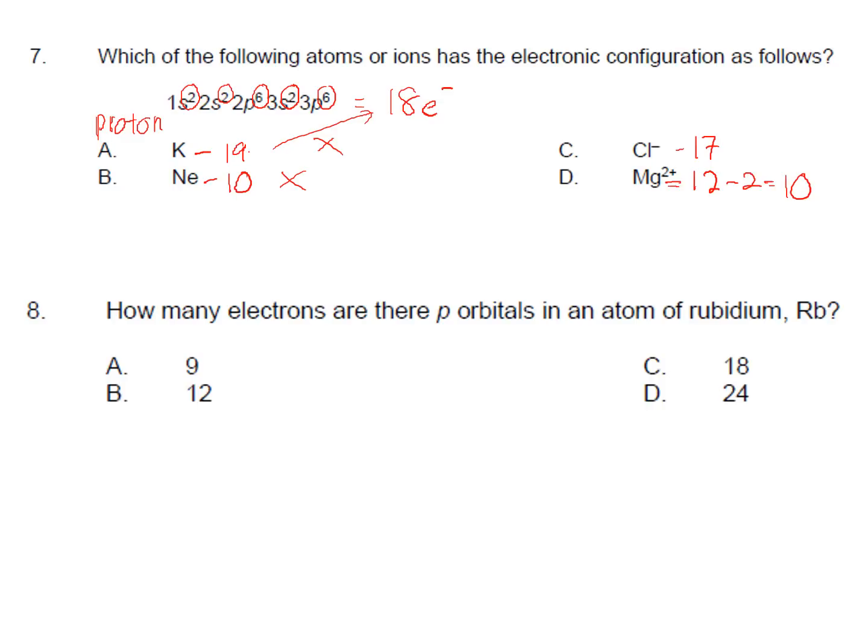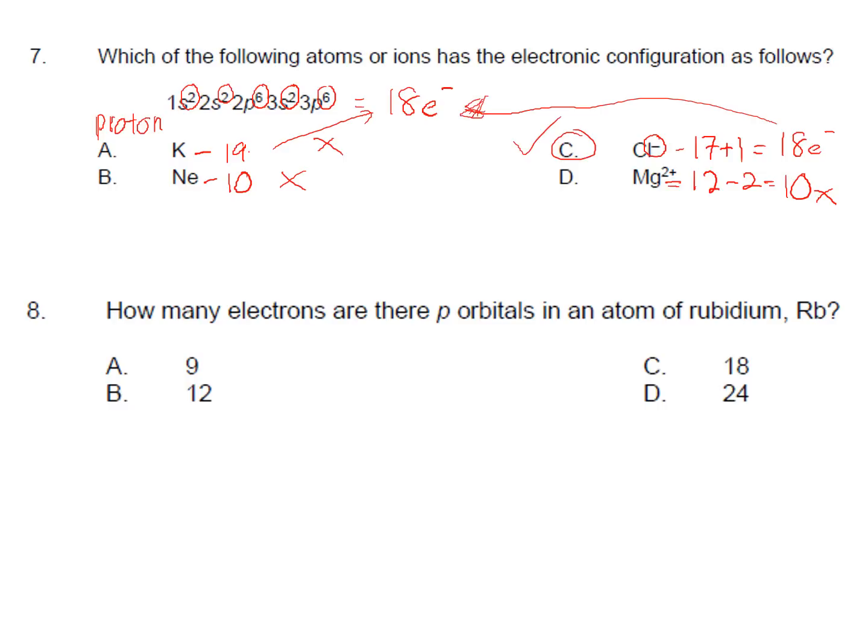So 10 is not the same as the 18 given in the question. Cl has proton number 17, and we have a negative charge here, anion, so we add 1 electron, so it becomes 18 electrons. So the answer is C.